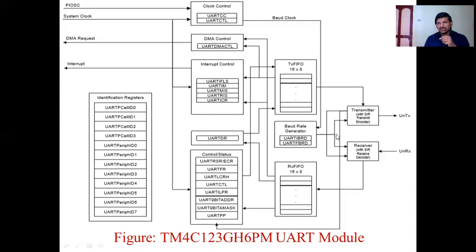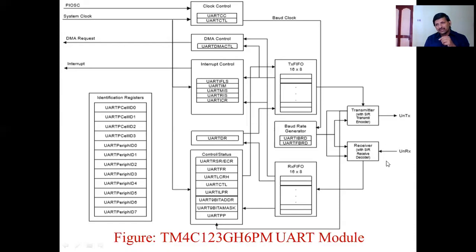Then that is given to the transmitter. This transmitter contains a serial infrared encoder. So the data received from the transmitting buffer is encoded, and then the data is transmitted.